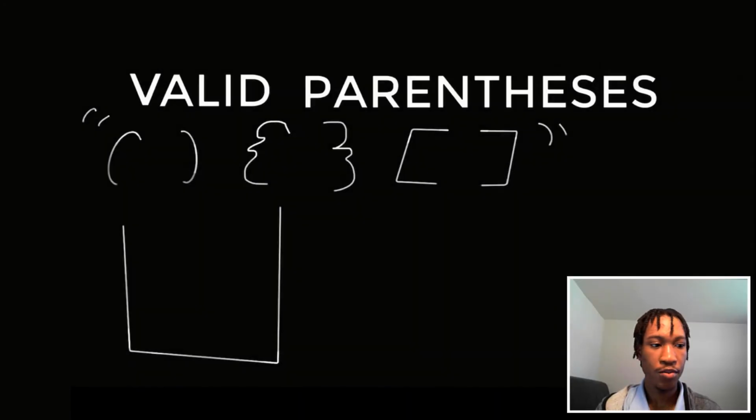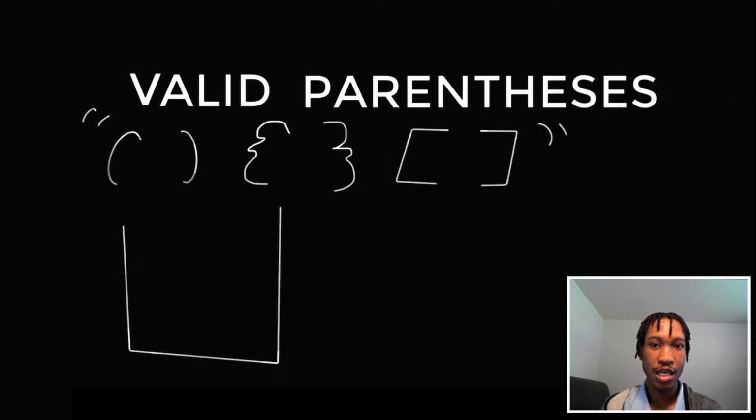All right, so say we're given this string of parentheses and brackets, and we should return whether or not this is balanced. So we have our stack right here. And then we're going to iterate through the entire string of parentheses. And whenever we get to an opening parenthesis, we add it to the stack. And if we get to a closing parenthesis, we check if the last value in our stack corresponds to the opening parenthesis.